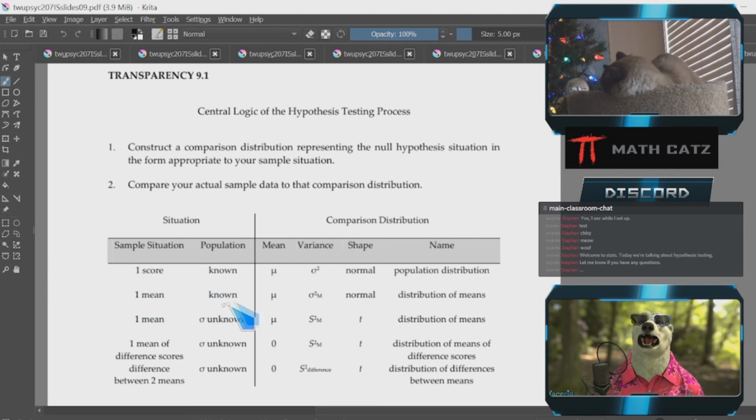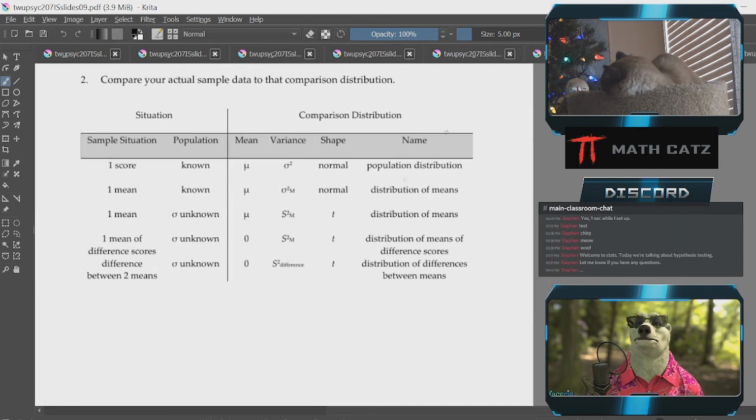If I know my population, then I'll know the mean and the variance, but the comparison distribution is the distribution of means, still normal, because I know everything about the population.